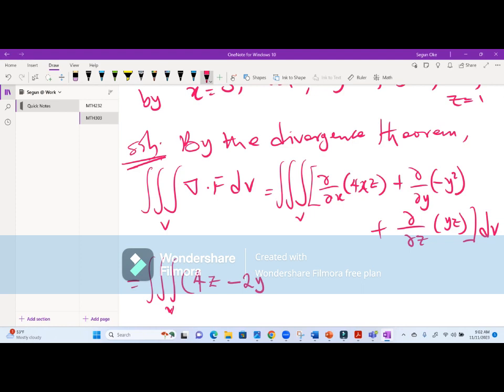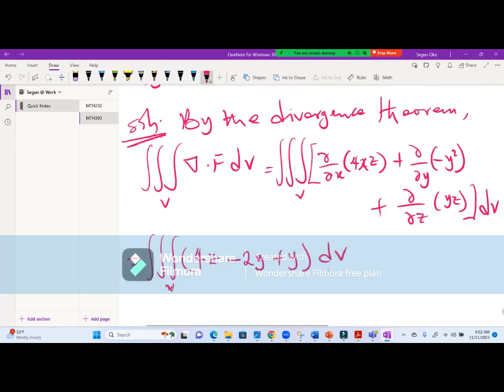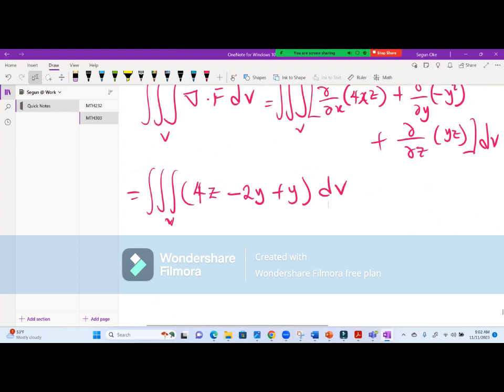Then when you differentiate this with respect to z, you have plus y dV. So we can resolve it into the triple integral over V of 4z minus 2y plus y, which is y, dV.